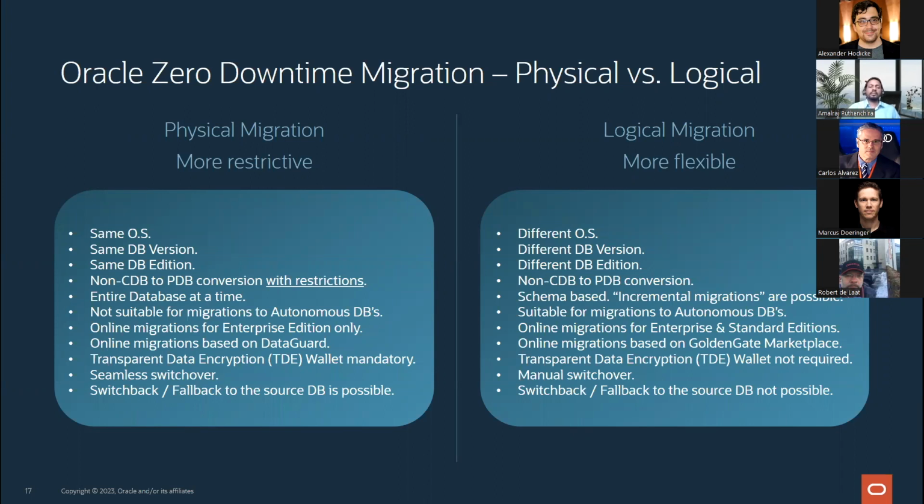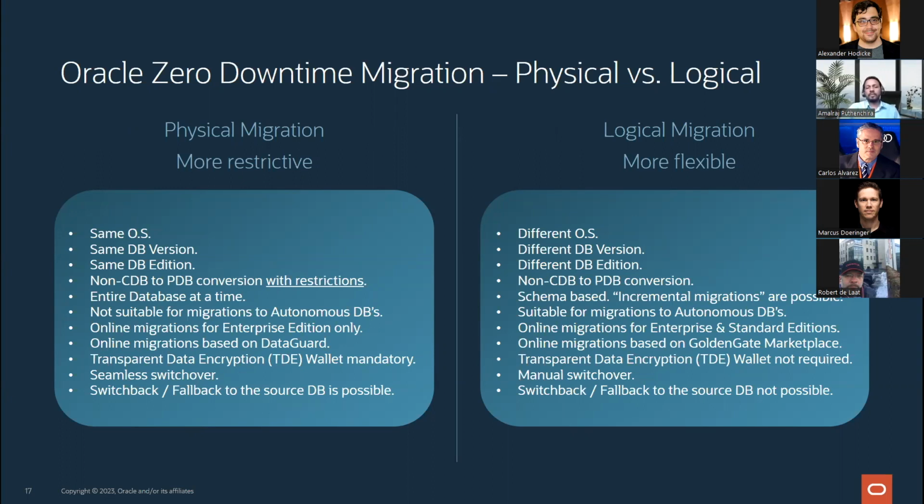With the physical migration, you have a seamless switchover. At the end of the migration, the source database changes its role with the target database, so the target database will be the primary database. It's seamless, because it's a kind of Data Guard switchover, and you can do a switch back just in case, because after the online migration is complete, the two databases are linked by Data Guard.